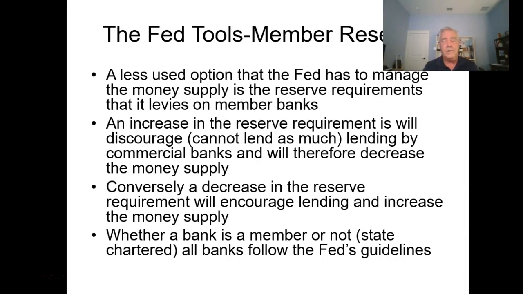With the Federal Reserve, the Federal Deposit Insurance Commission does audits of these banks, audits their financial statements to see how they're doing. So that's all part of the process.